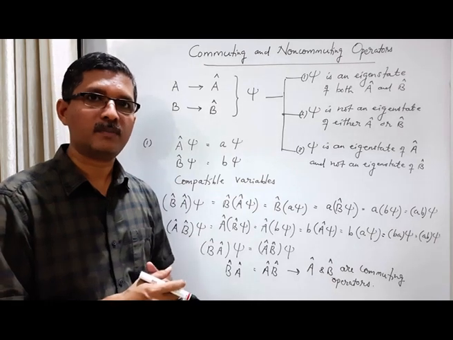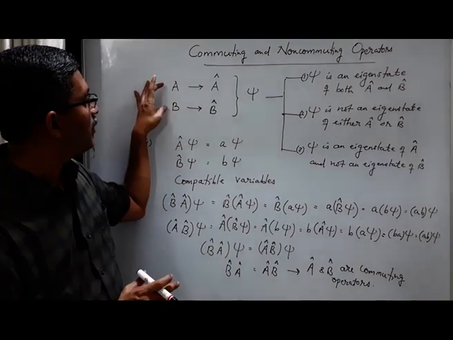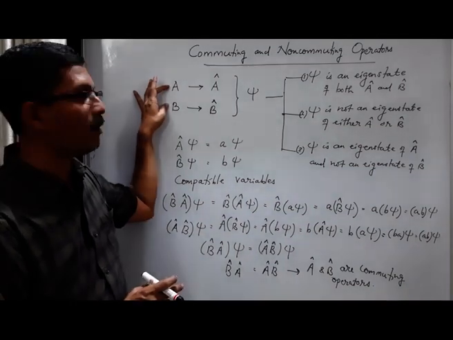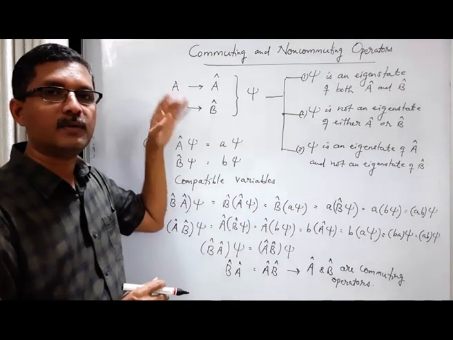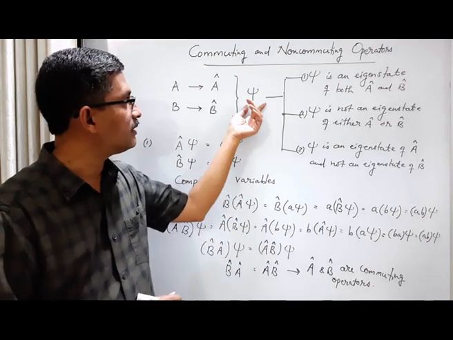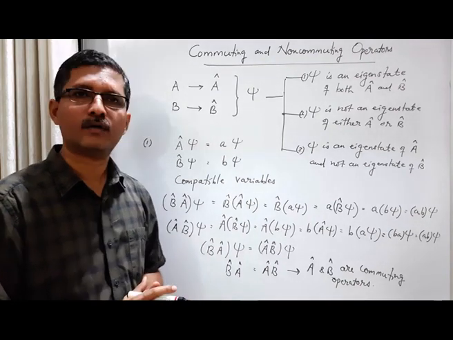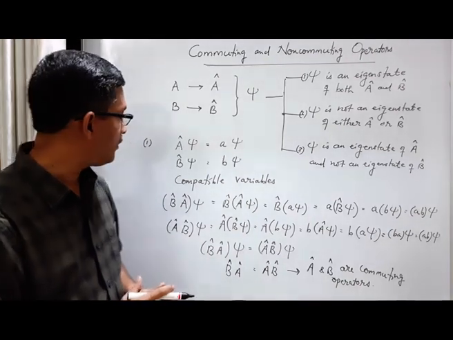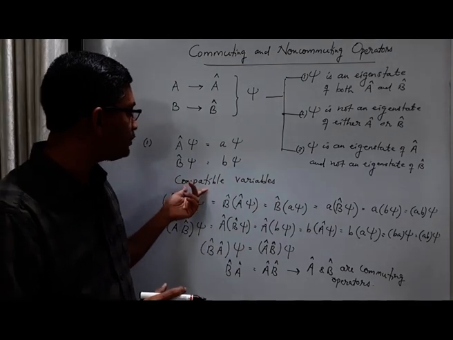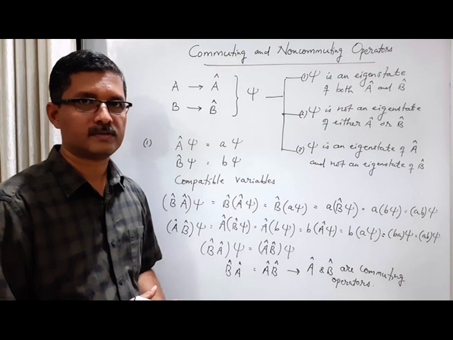Physically, what does it mean? If two operators are commuting operators, then for the corresponding physical quantities, you can change the order of measurement of the physical quantities in the state. So this is the idea of commuting operators. We can say that compatible variables can be represented by commuting operators.